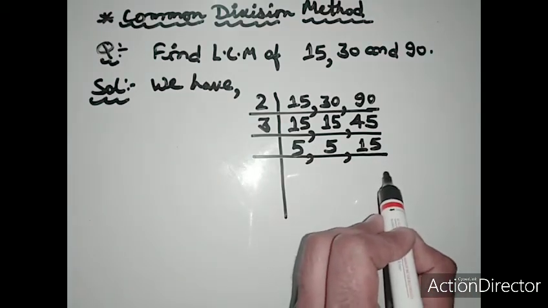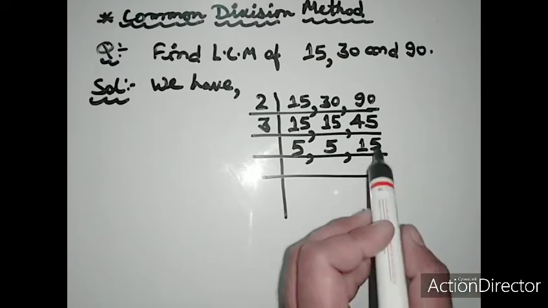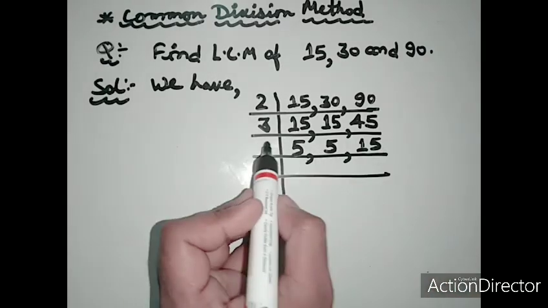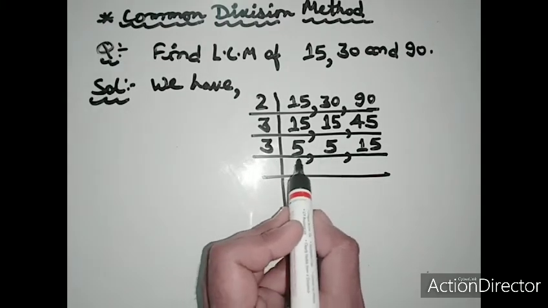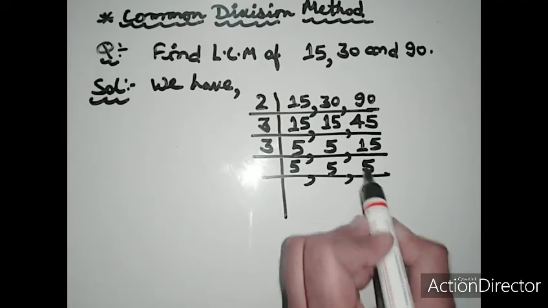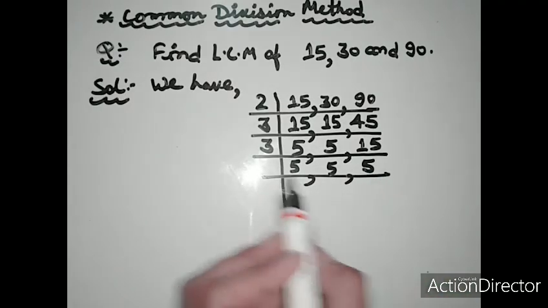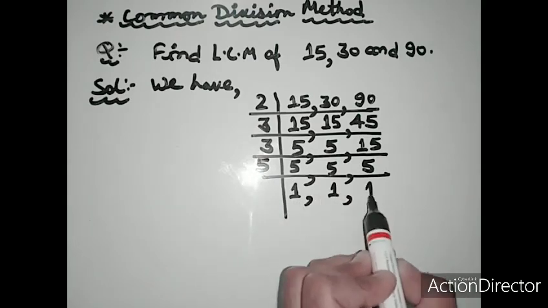Now here we divide, because 15 is also divisible by 3. So we divide this 15 by 3 and 5 is not divisible by 3, so we write 5 as it is. Now we divide all these 5s by 5. 5 1s are 5, 5 1s are 5 and 5 1s are 5.